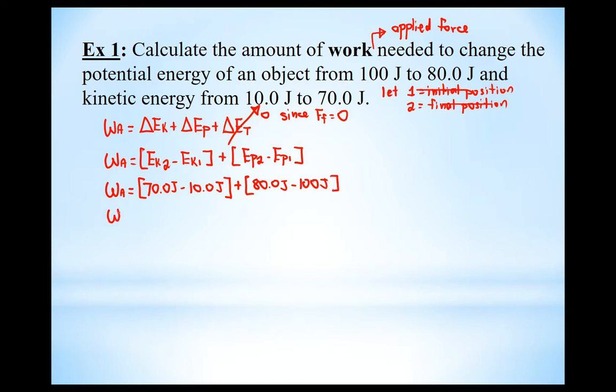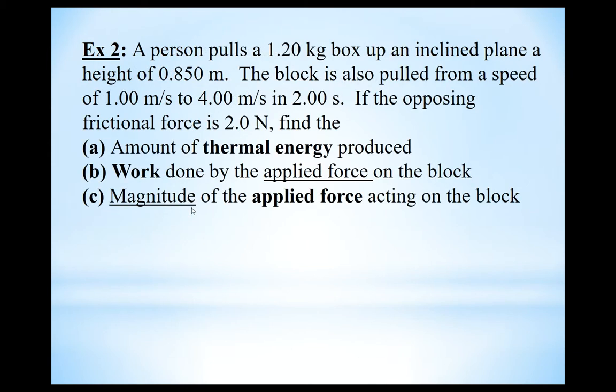And then I would have WA equal to, now it seems like everything here has 3 significant digits. However, if you're just doing addition or subtraction, your significant digits are based on the lowest number of decimal places. The lowest number of decimal places is nothing, since the 100 joules has none. Therefore, we just write this answer as positive 40 joules. Okay, that's a pretty easy one.